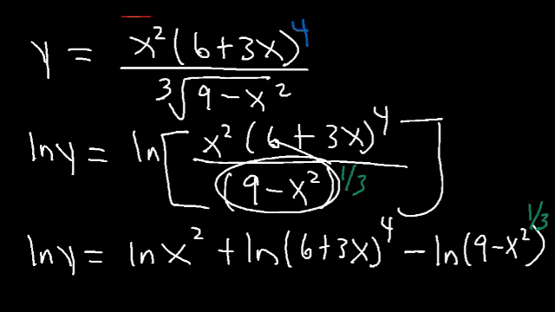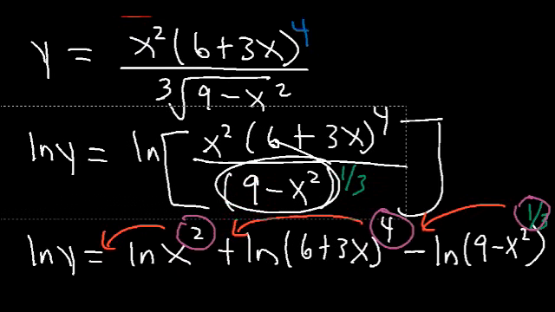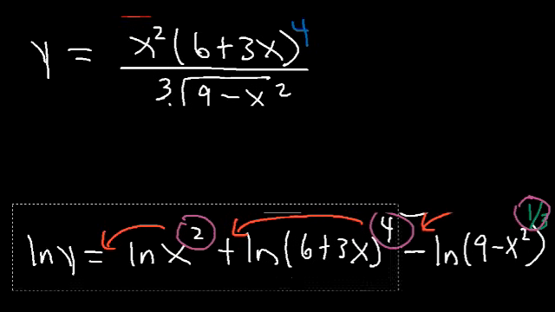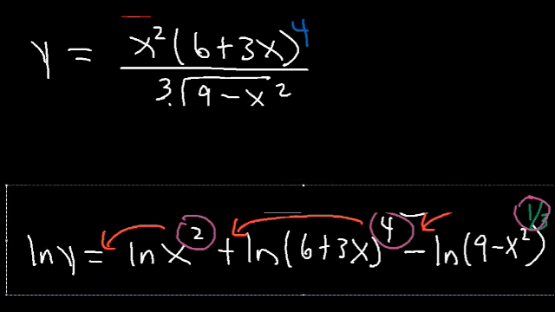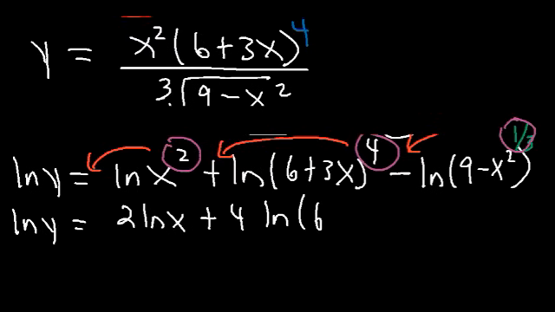So now what we're going to do is take the exponents and move them to the front. So ln y is equal to 2 ln x plus 4 ln(6 plus 3x) minus 1/3 ln(9 minus x squared).